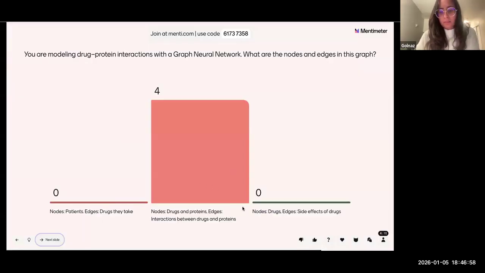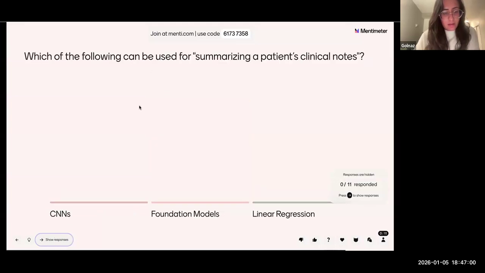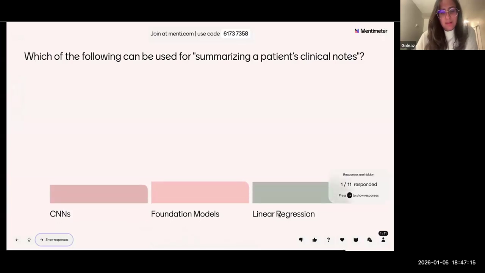Okay, back here. So the question is, we learned about different models. Here are a bunch of models, like CNN, foundation models, linear regression. Which one would be useful for example, summarizing a patient's clinical notes?